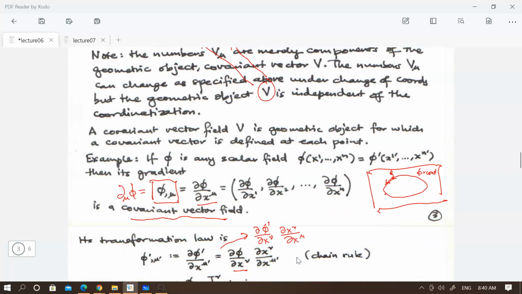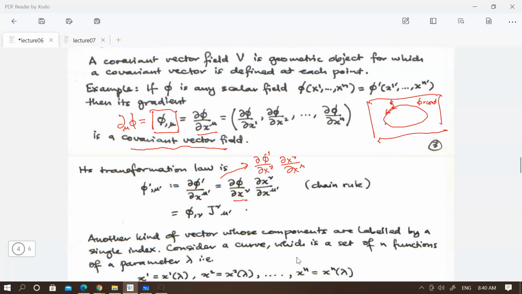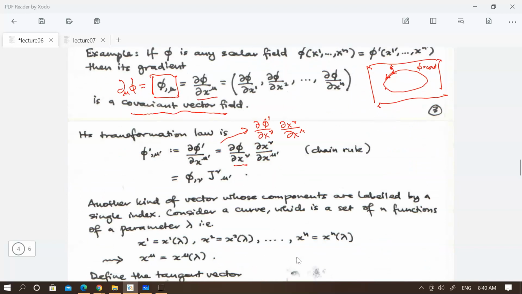So this is one nice example of a derivative that defines a covariant vector. Really, if you think about it, if this is done in your normal three-dimensional coordinate system, this is just the gradient of phi.